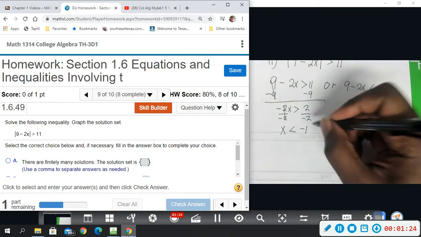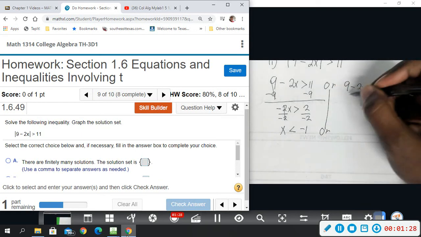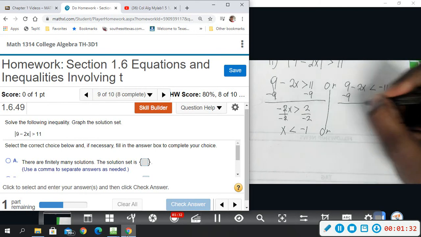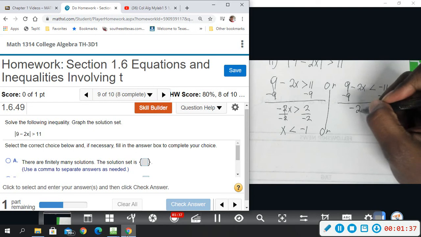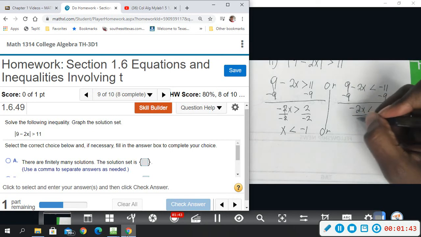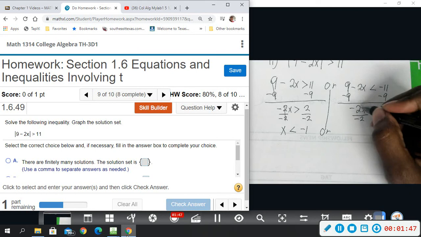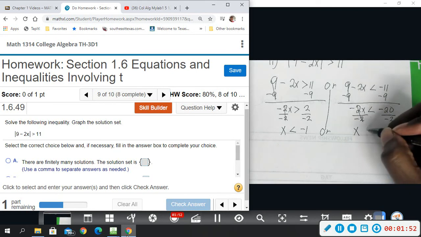So this is the left hand side, or we're going to subtract 9 from both sides. Goes away, bring down the negative 2x less than negative 20. Divide by negative 2 on both sides. That will give us x. Flip the sign because we divided by negative, and that equals 10.